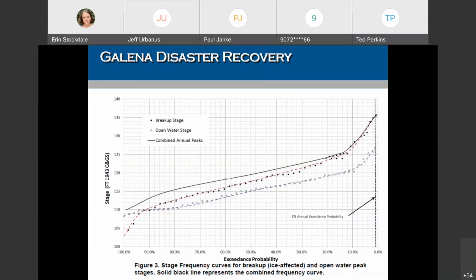And then you'll see there's the open water stage, and that's more of a riverine situation. You can see that all those points are generally lower. And so essentially we're defining that 1% probability on the ice jams because that's the defining 1% event for Galena. And so we had a big disaster there.